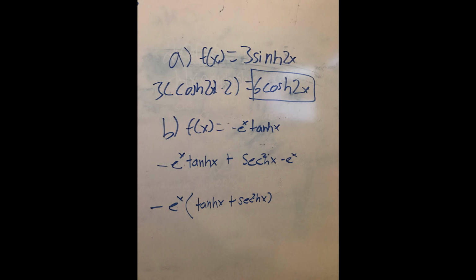The derivative of tanh x is sech squared x, multiplied by the original one, negative e to the x. Both of these terms have a negative e to the x, so we can factor that out, and then we'll have negative e to the x times tanh x plus sech squared x. Those are some simple problems for hyperbolic functions and their derivatives.